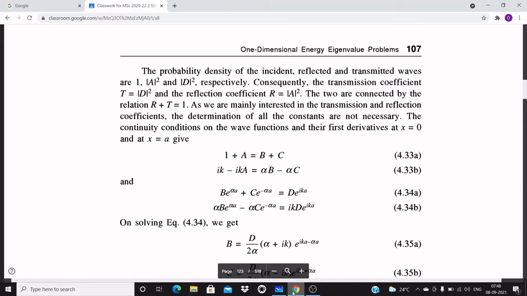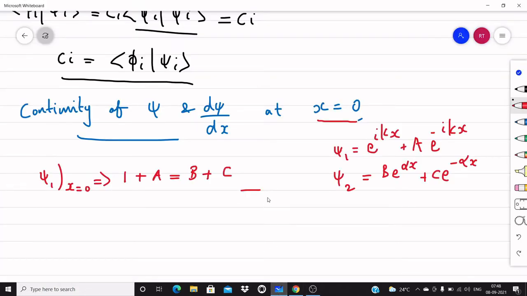Now the first derivative: d psi 1 by dx at x equal to 0 is equal to d psi 2 by dx at x equal to 0.